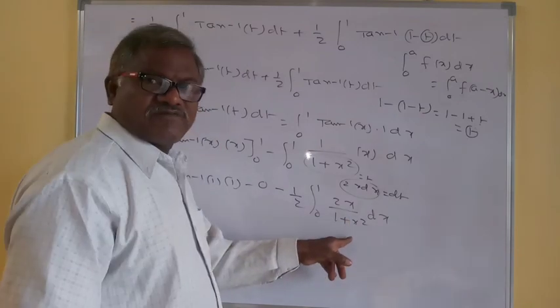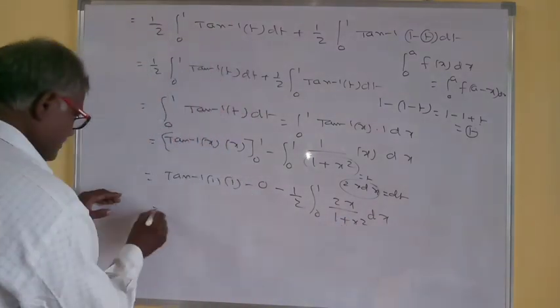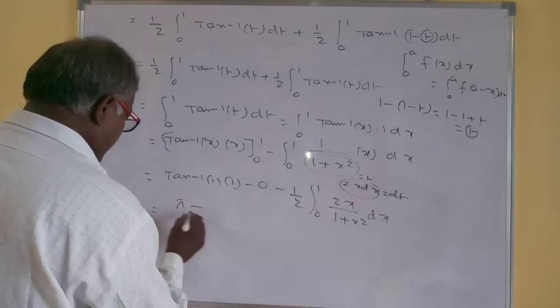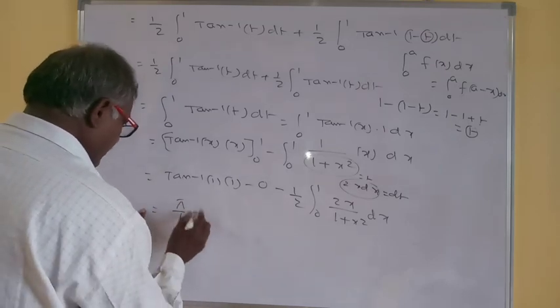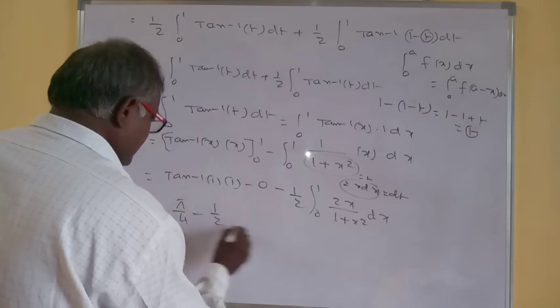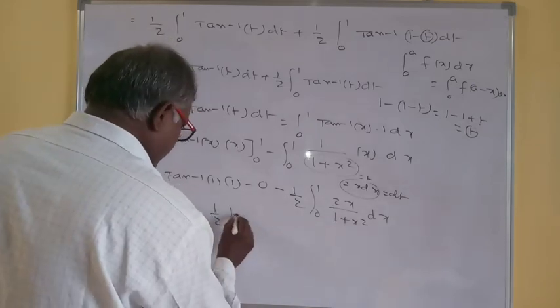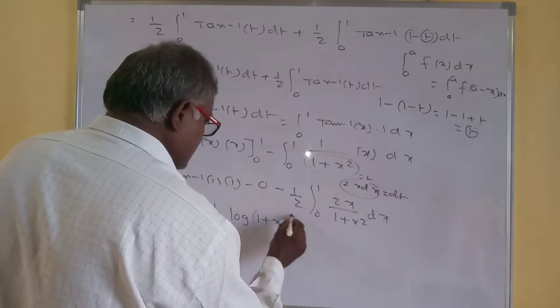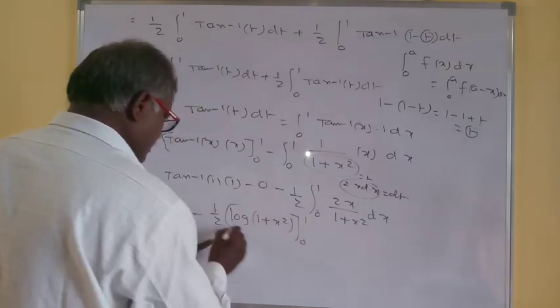So f dash x by f of x gives log f of x. Tan inverse 1 means pi by 4, that is 45 degrees, minus 1 by 2 into log f of x from 0 to 1.